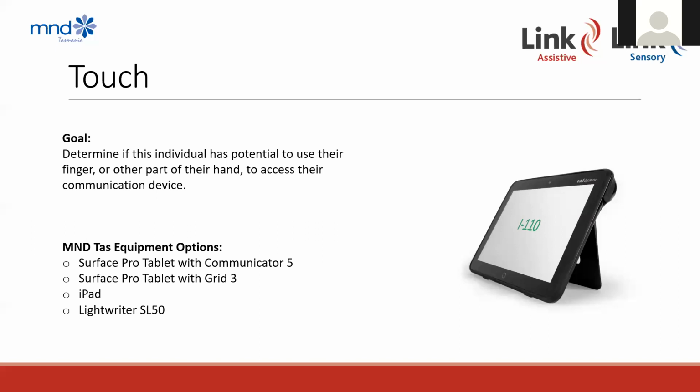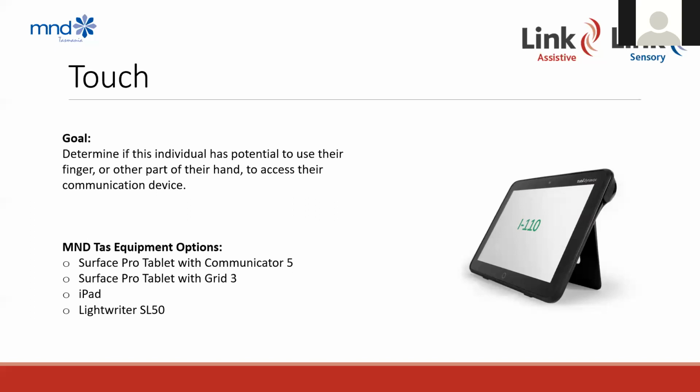With this population, you're also considering that you are expecting decline of skills and progression of disease. You are expecting those skills to change over time, so you do want to be planning into the future. That could be one reason to skip to a different, more complex access method, but you still want to give somebody the most efficient access method for now.